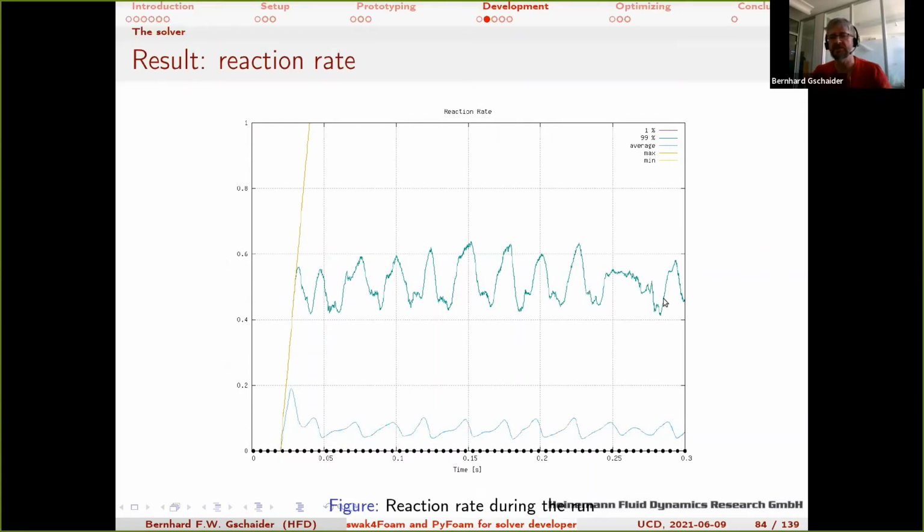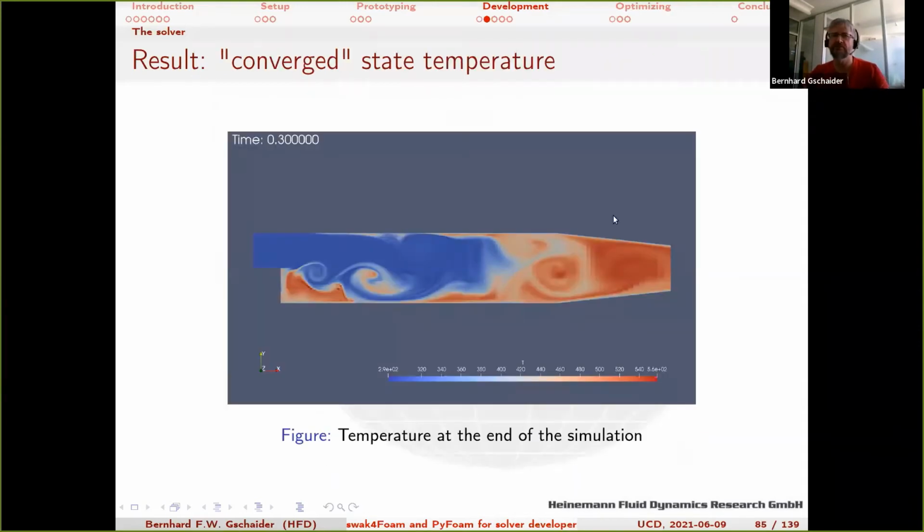This basically says that 99% of the region have a reaction rate that is lower than the green line. That sometimes is more useful than seeing that the maximum is 1. I mean, that's also useful because it tells us that the reaction rate doesn't go outside of the values that we wanted.